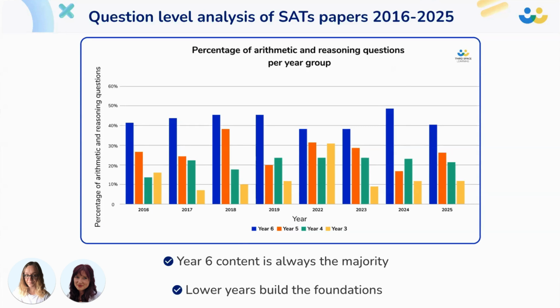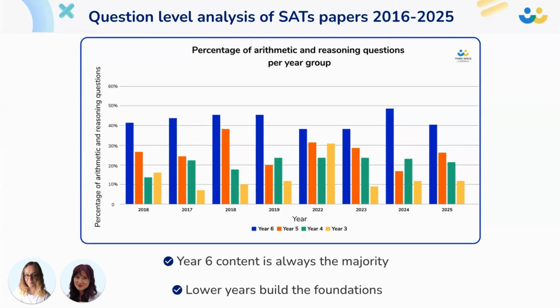That's consistent every single year. The only change that you can see there is in 2022, which were the SATs papers that were delivered straight after COVID. So obviously pupils had gaps. And then in 2024, you see there quite a sharp increase again in the Year 6 coverage, which was when it was assumed that those gaps were kind of closed.